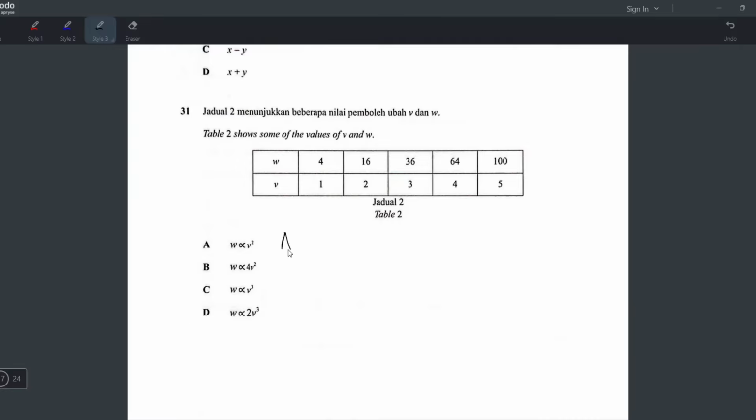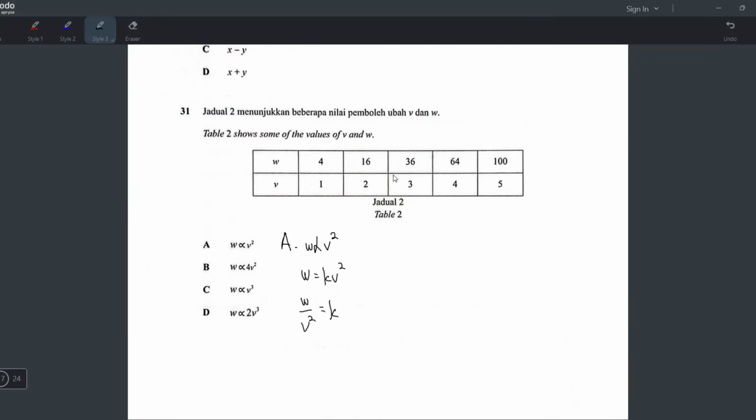So, let's try doing it using A. W varies inversely as V square. W equals KV square. And then cari K, W over V square. Okay. Yeah, the ikan symbol boleh tukar equal K and then singlekan K. And what you have to do now, you cari K using this value.